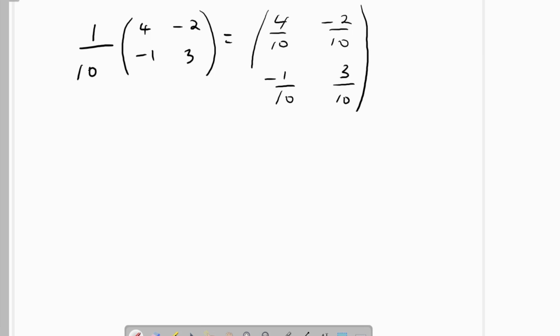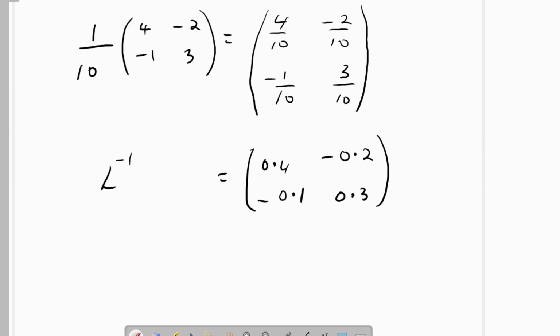That is the same as 0.4, -0.2, -0.1, and 0.3. So L inverse is equal to [0.4, -0.2; -0.1, 0.3]. But again, if we got to the earlier point, we would have already found the inverse of the matrix L.